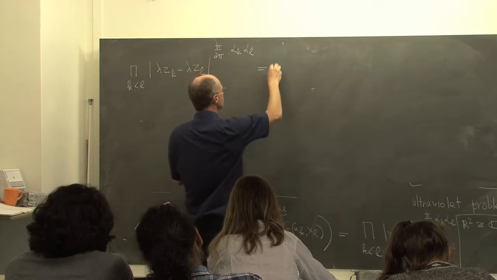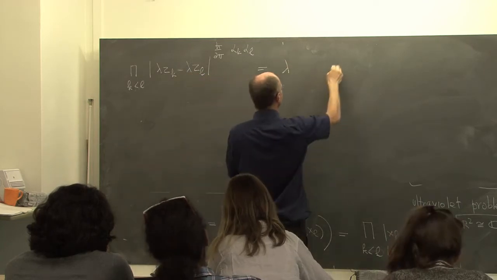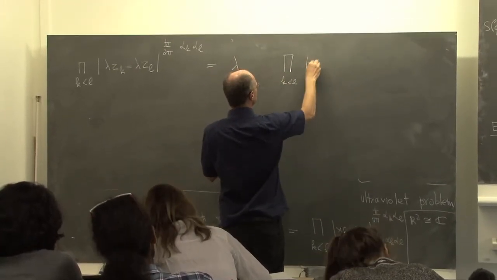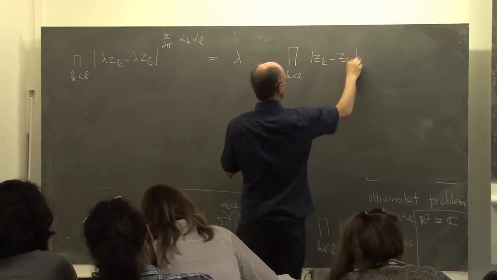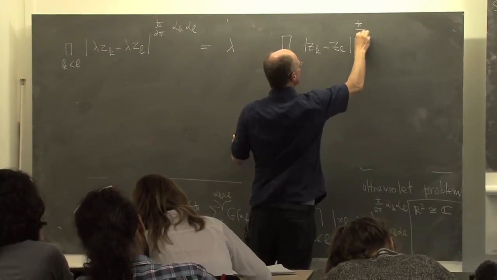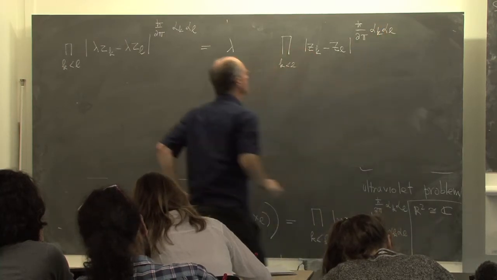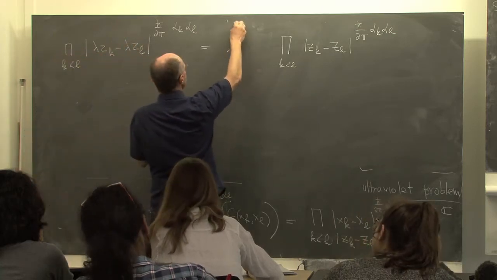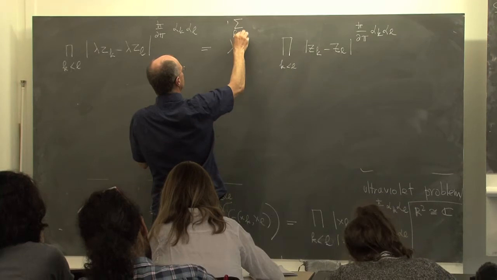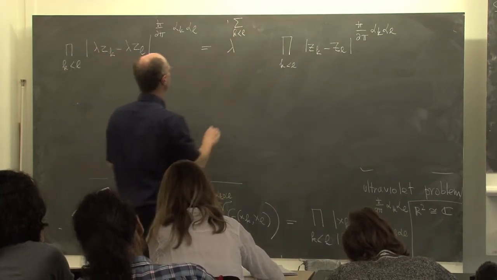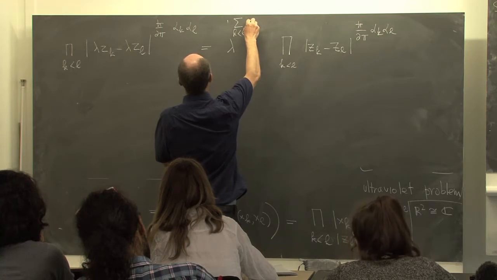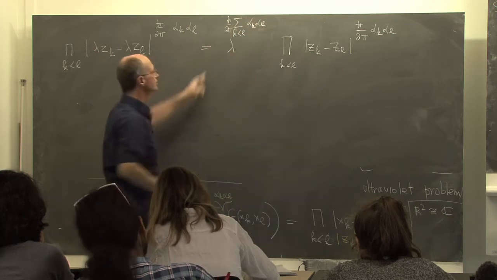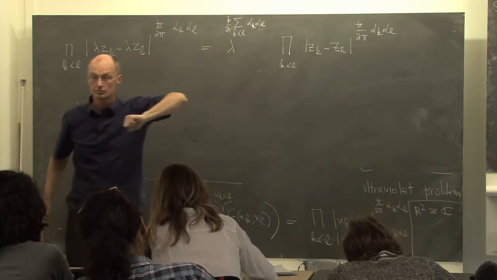Well, this is equal to lambda to some power, times the product over k smaller than L of (z_k minus z_L) to the power h over 2 pi alpha_k alpha_L. So that's the original correlation function. Now what's the power? Let's just count. This will be the sum over k smaller than L of h over 2 pi alpha_k alpha_L. So that will be the power.